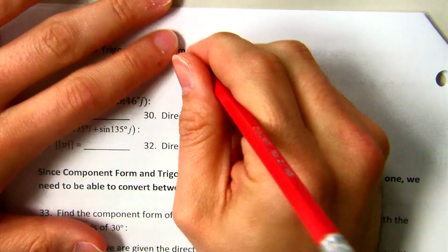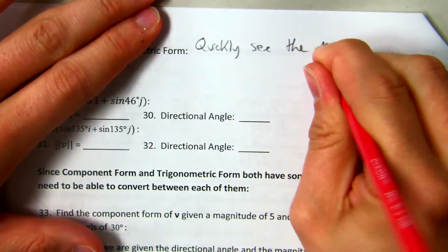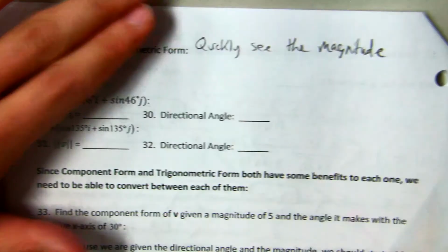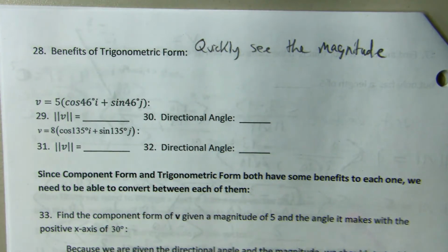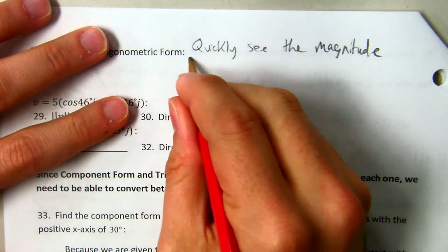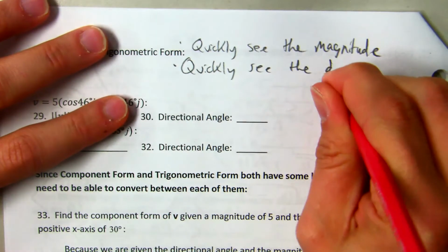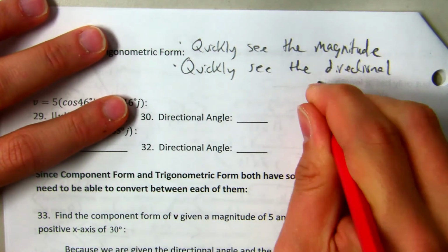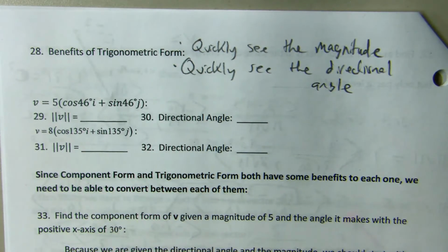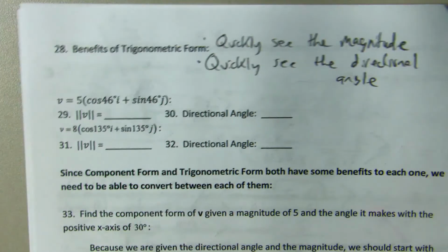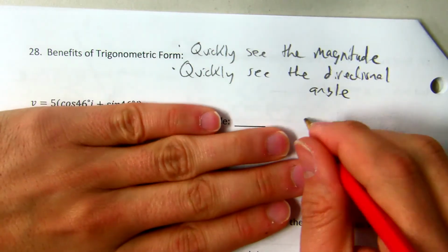You can quickly see the magnitude and you should quickly see the directional angle. I'm not looking at our examples yet, I just put generic numbers in here.